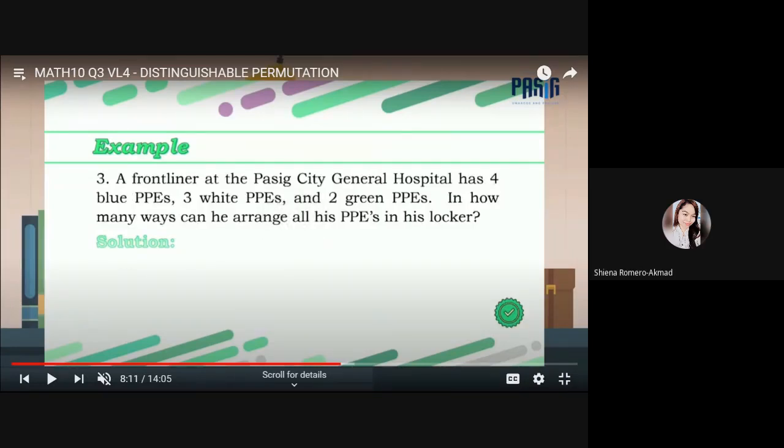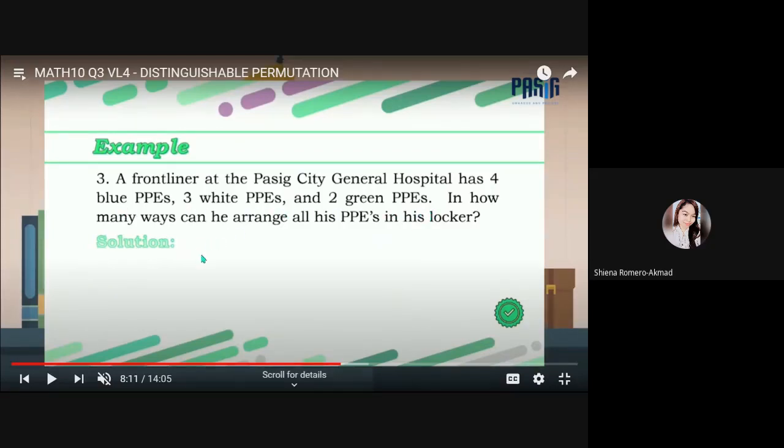Then, for number 3, the frontliner at the Pasig City General Hospital has 4 blue PPEs, 3 white PPEs, and 2 green PPEs.